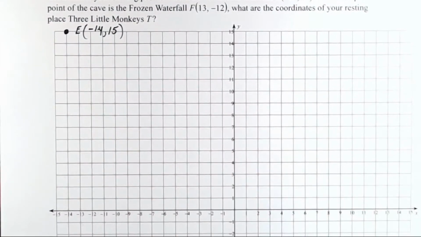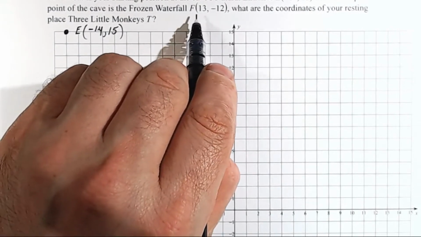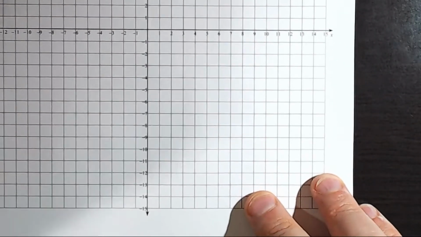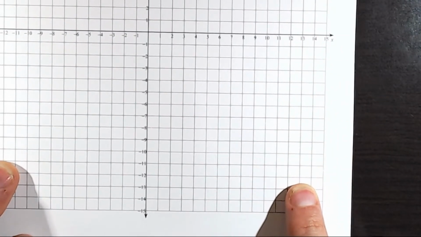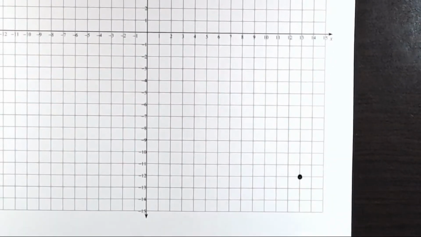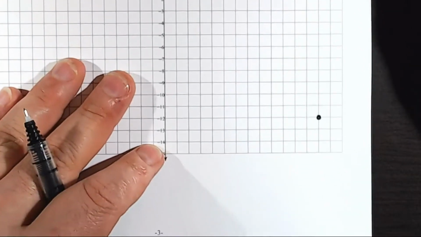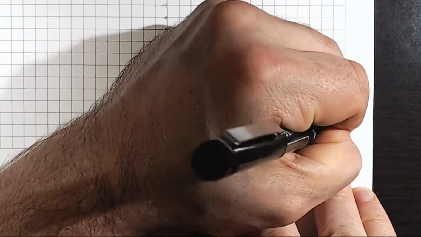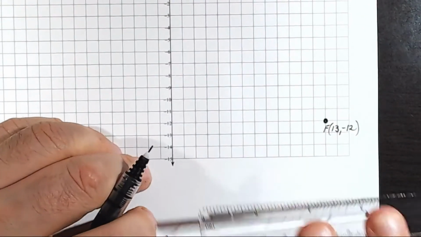Now the other position, the place where we're going to stop, is at the very bottom of the cave, the frozen waterfall at F (13, -12). So we need to go over into this quadrant to find (13, -12). Right here. This is point F, (13, -12), and this is the frozen waterfall.